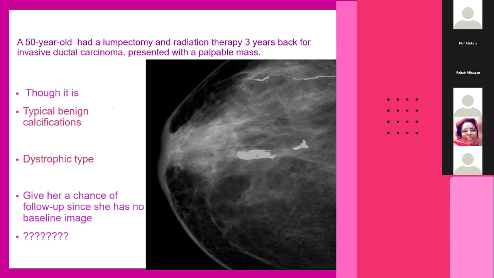Since it was the first time she presented with this palpable abnormality, I have to make sure whether the palpable abnormality is due to this developed dystrophic calcification, or the dystrophic calcification was there already, and there is something growing on this, starting to fragment this dystrophic calcification and is the cause of the underlying palpable abnormality.